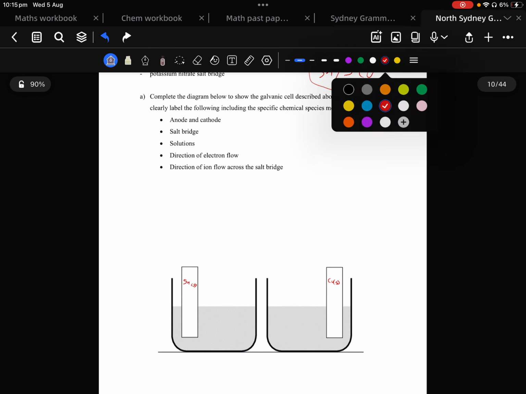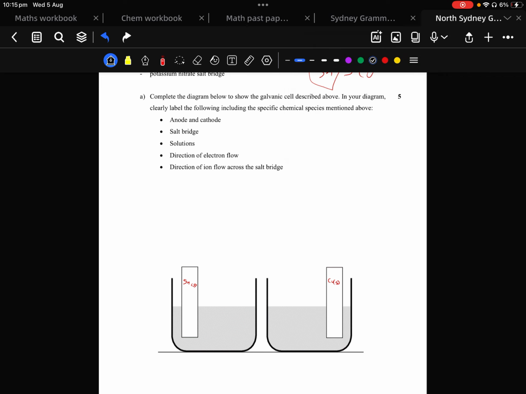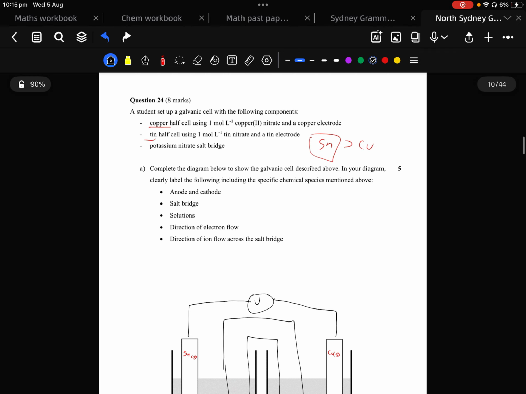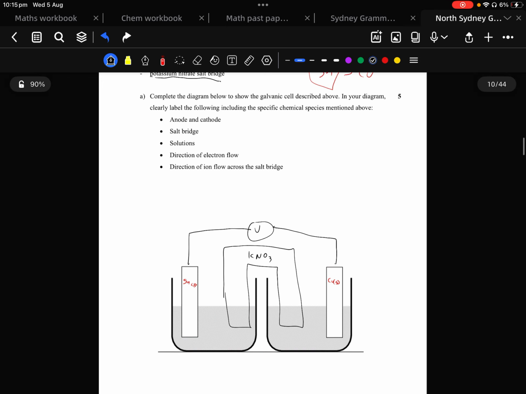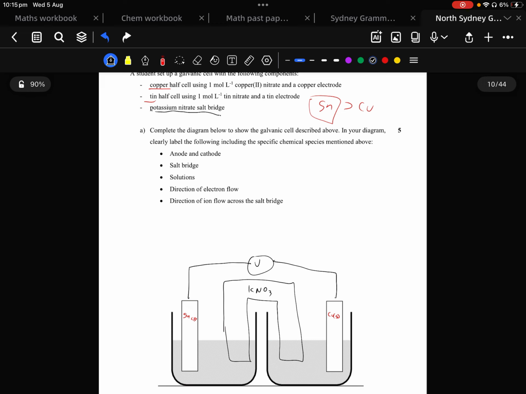We'll also add the voltmeter and the salt bridge. It says to use a potassium nitrate salt bridge. So we labeled our anode and cathode and the salt bridge. Now we have to do the solution.